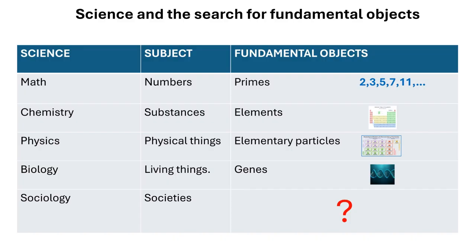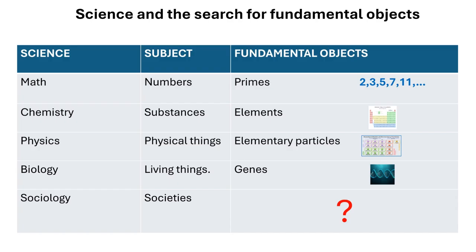Science and the search for fundamental objects. I've noticed that among the sciences, it's often the case that a search takes place for what I'll call fundamental objects. So for example, in math, the subject of study can be thought of as the numbers, and then the fundamental objects are the primes, 2, 3, 5, 7, 11.